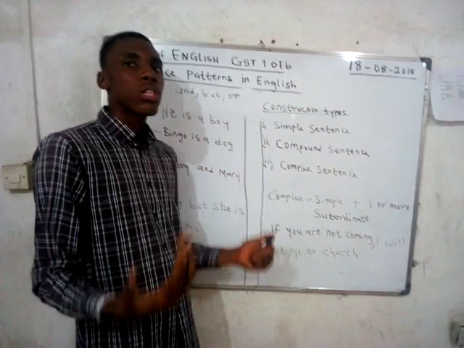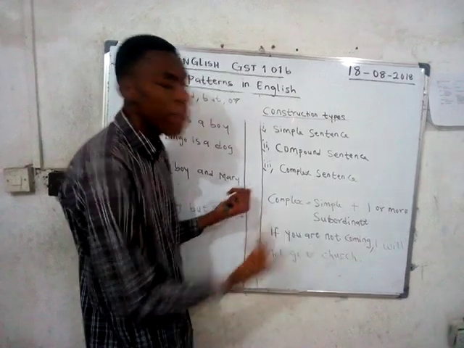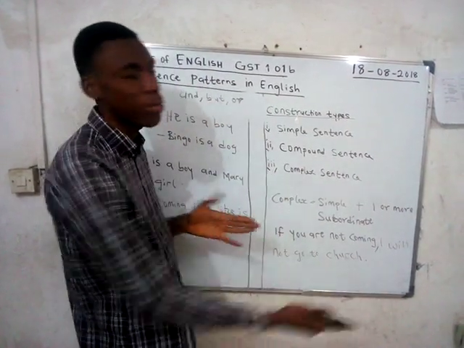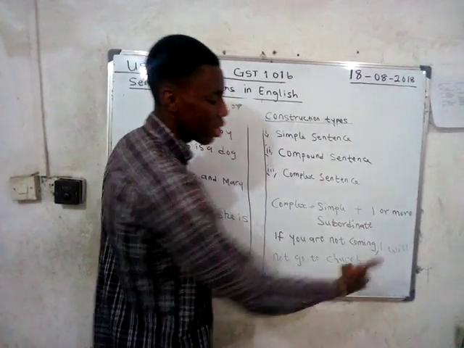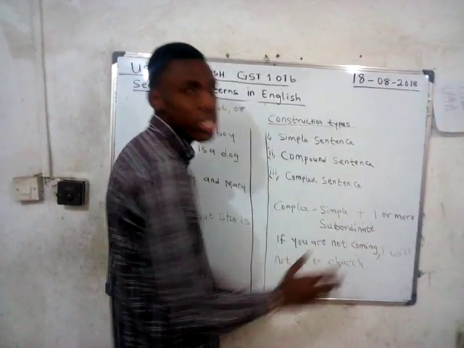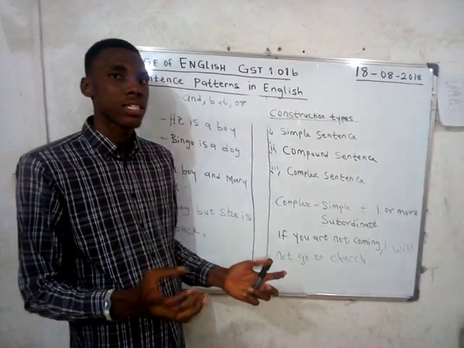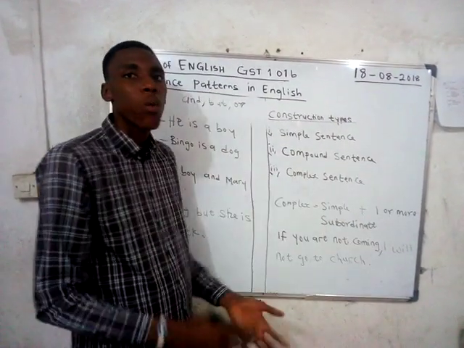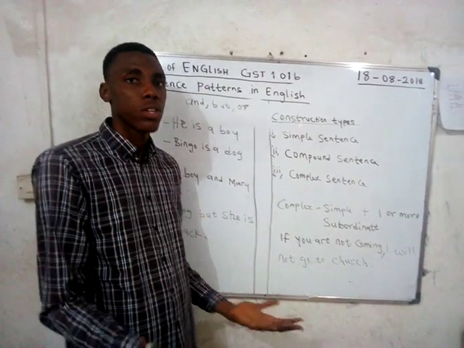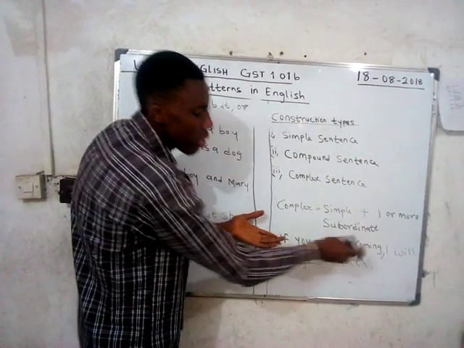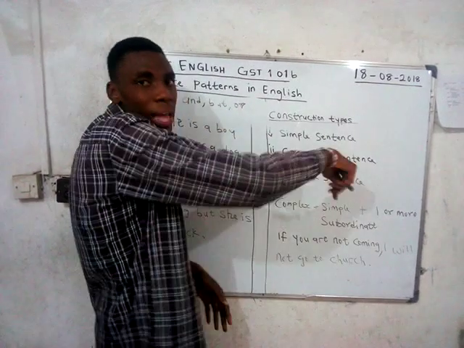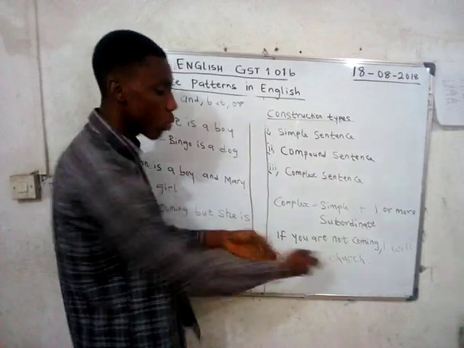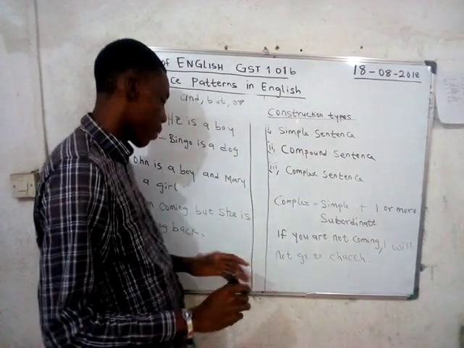Now, the question here is, which of them is the simple sentence which can stand on its own, and which of them is subordinate? I will not go to church can stand on its own as a simple sentence. But if an expression is given, if you are not coming, the question is, what will happen? The meaning of if you are not coming depends on the simple sentence, I will not go to church. So with this, it has made perfect sense.